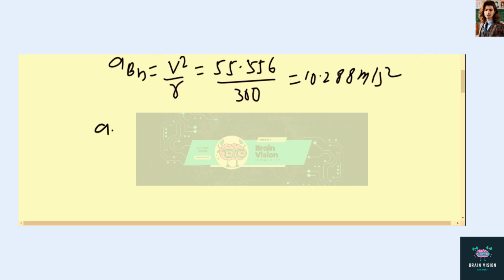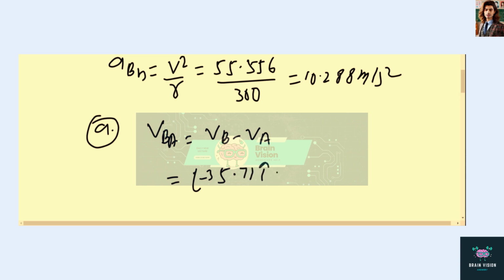In the first question, we have to calculate VBA. So VBA will be VB minus VA, and VB is 35.711 I cap minus 42.588 J cap.